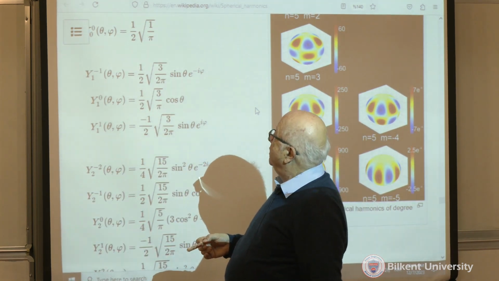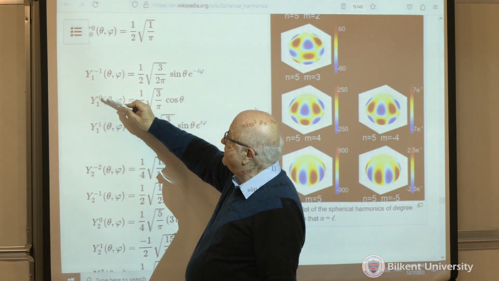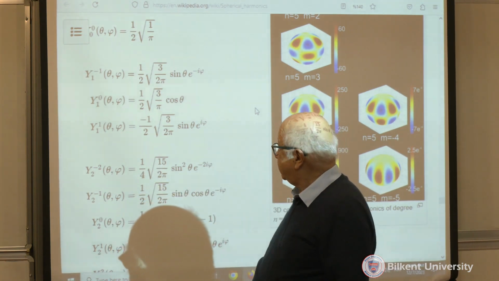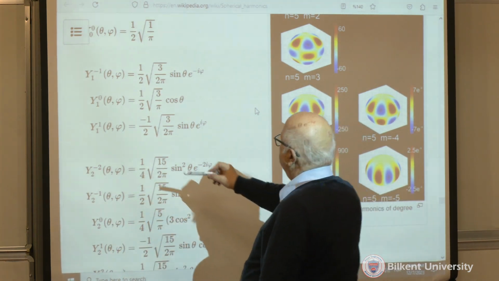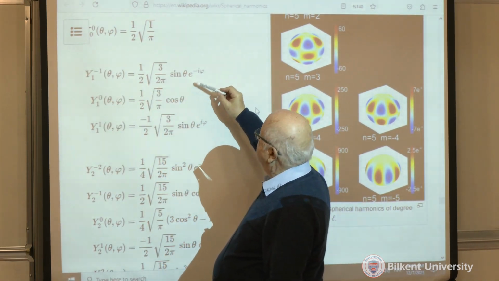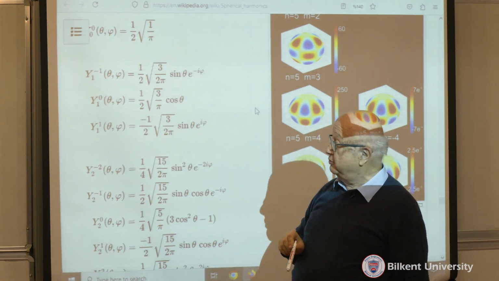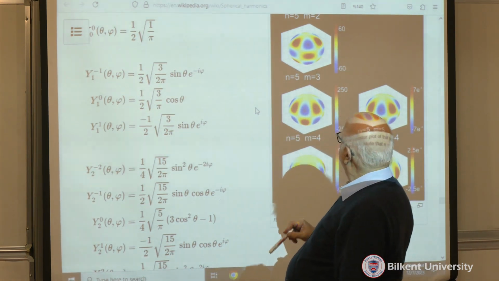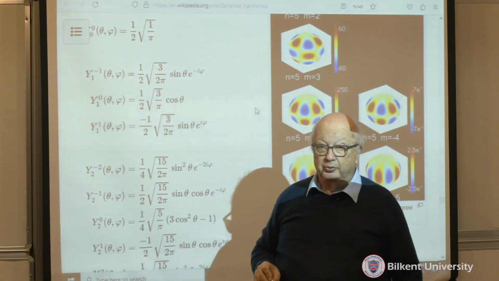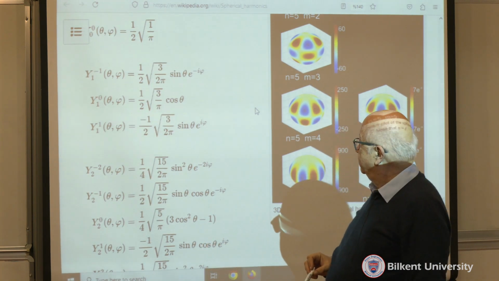Now, for example, Y_1,0 is L equal to 1, m equal to 0. There's no phi dependence, but for the m equal to plus or minus 1 versions, you get e to the plus or minus i phi. By the way, this is from Wikipedia, so we should also mention them in the license file for the recording.